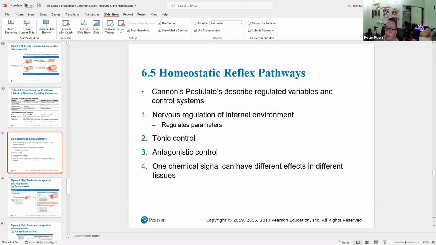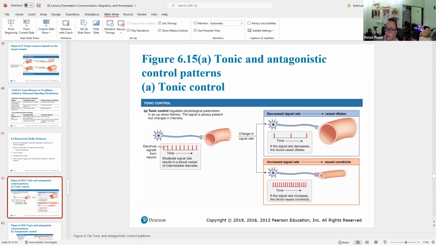So let's talk about nervous regulation, tonic control. There are two ways to control something.